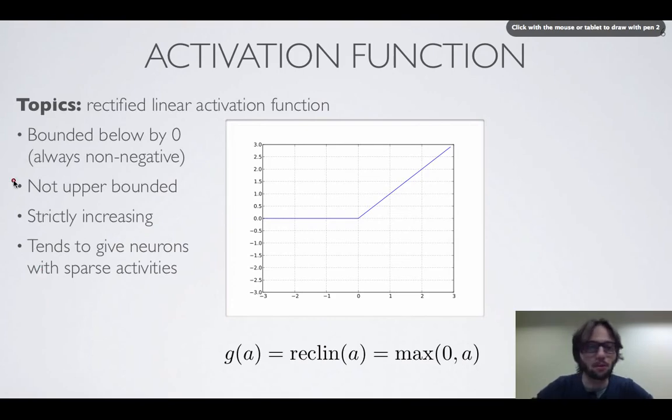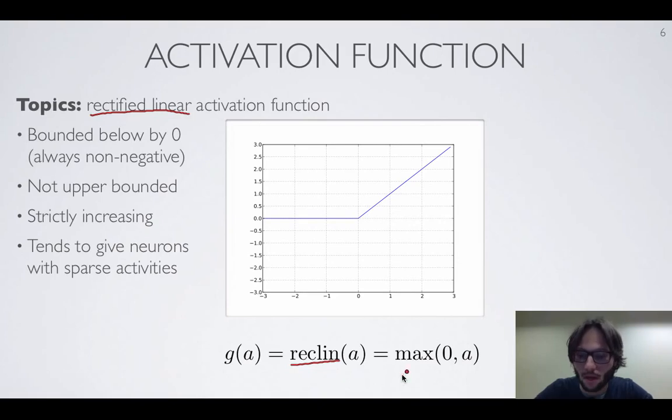And the final popular choice for the activation function is what is called the rectified linear activation function. So we note it reclin for short, and it's simply the maximum between 0 and the pre-activation. And so if we plot it, we get a straight line here, like a linear function, if the input is positive, greater than 0, and otherwise it's just 0.